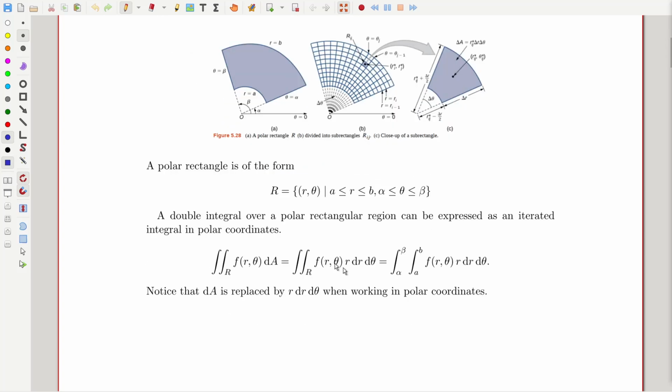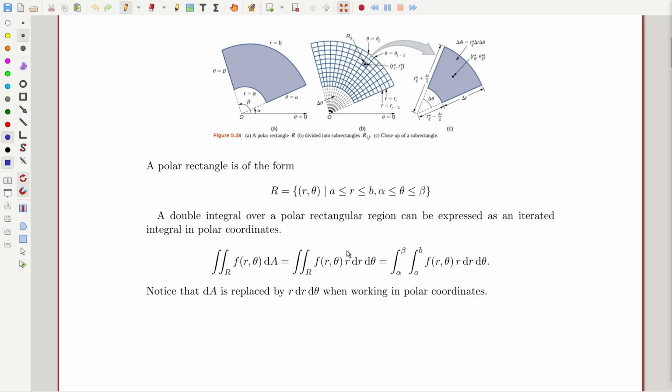Now, a double integral in the polar coordinate system is most easily handled when the region that you're integrating over is polar rectangular, right?